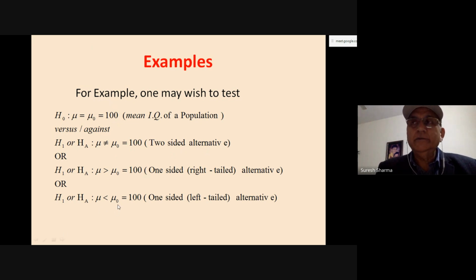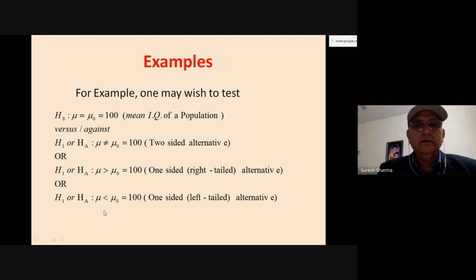Similarly, some person may be 100% sure that these are very dull students. I know their mean IQ cannot be 100. I'm 100% sure it will be less than 100. Then again, alternative will change. You will write mu less than 100. So this greater than, this less than, both of them are one-sided. To distinguish between greater and less, we write this as one-sided right tail because it is on the right hand side, greater than.